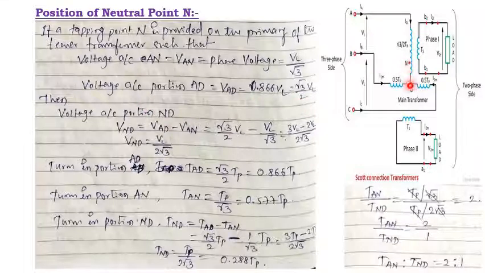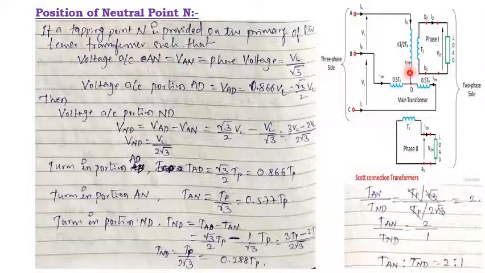Then what is the voltage across portion ND? I subtract the voltage across A to N from the voltage across A to D. I know the voltage across A to D, and also the voltage across A to N. By subtraction of these two voltages, I get the voltage across N to D. So VND equals VAD minus VAN.